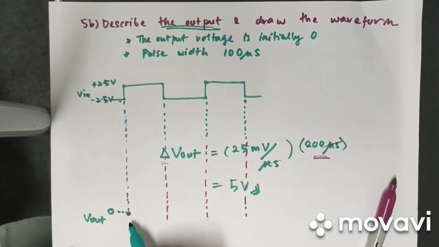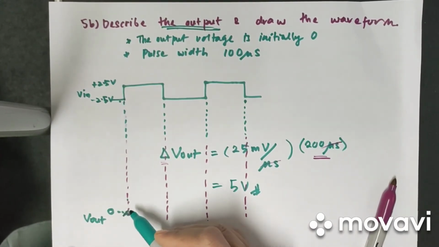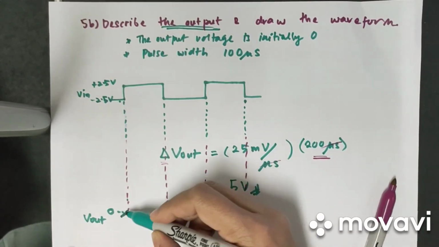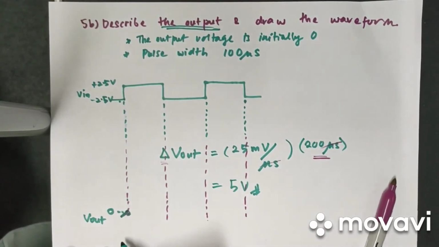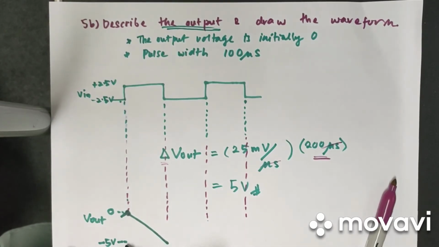That's why it is called a negative going ramp. So this is how the output will look. It's a triangle, so let's say this is 0 and this is negative 5 V out. It will ramp down to negative 5 here.